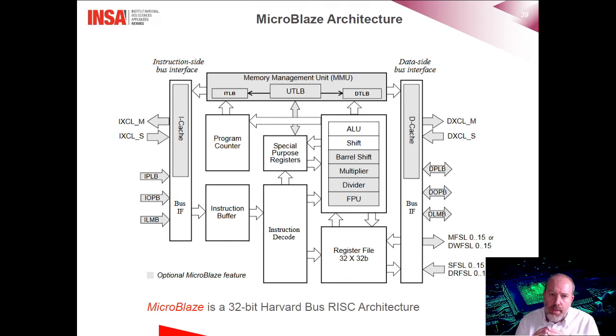In addition, you have an instruction side bus interface and a data side bus interface to communicate with the external world. So you see here that the processor itself is really simple. This processor is available in a library where you can customize it to your very needs.